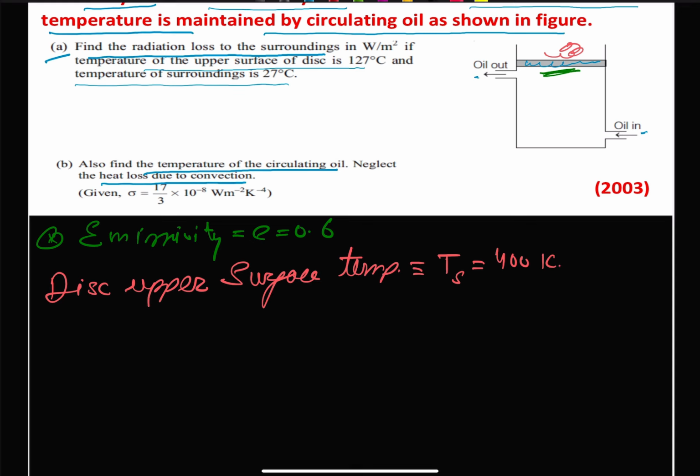And we also have the surrounding temperature, let us call this T infinity, which is 27 degrees centigrade, or 300 Kelvin.